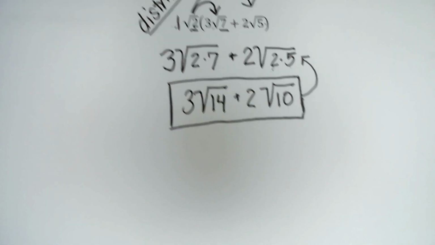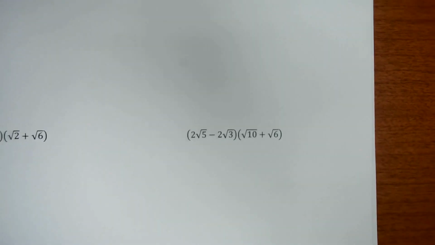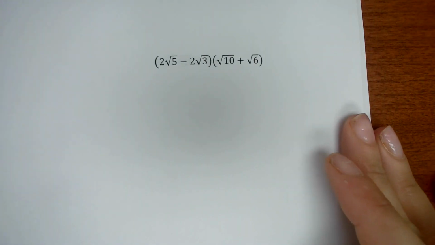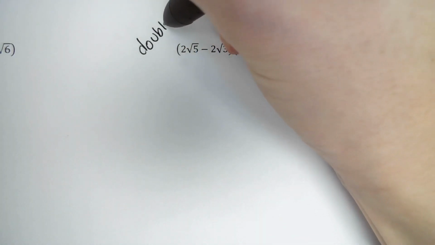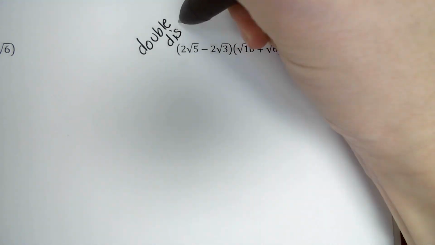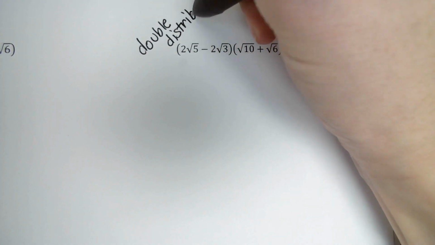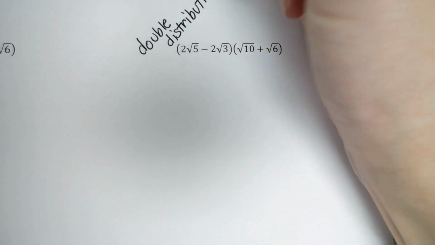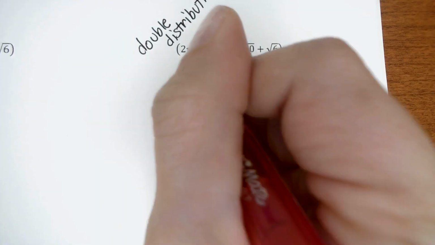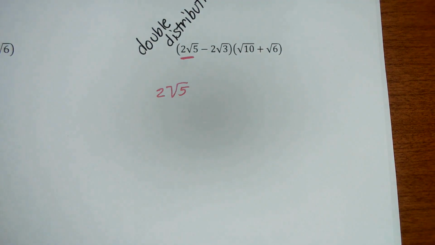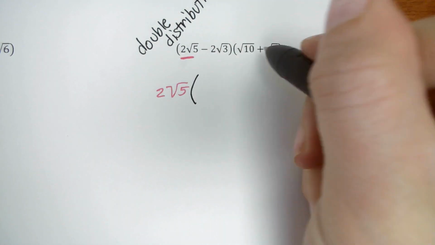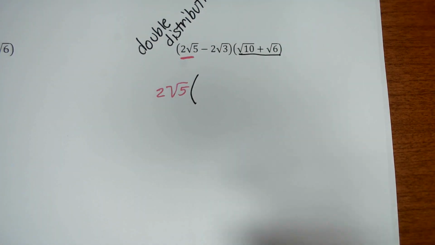All right, now let's do another example, this time double distribution. Here we have a binomial times a binomial. We are going to use our double distribution skills for this type of question. And so for double distribution, we're going to take the first term, 2 square root 5, and we're going to multiply that by the second set of parentheses.